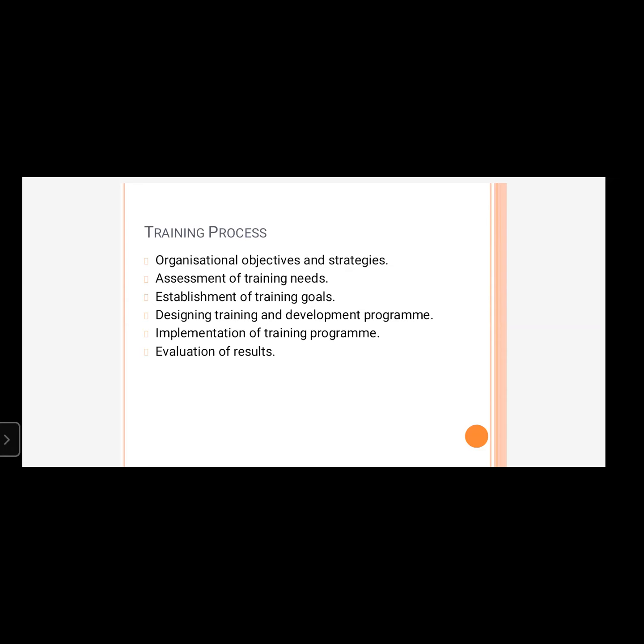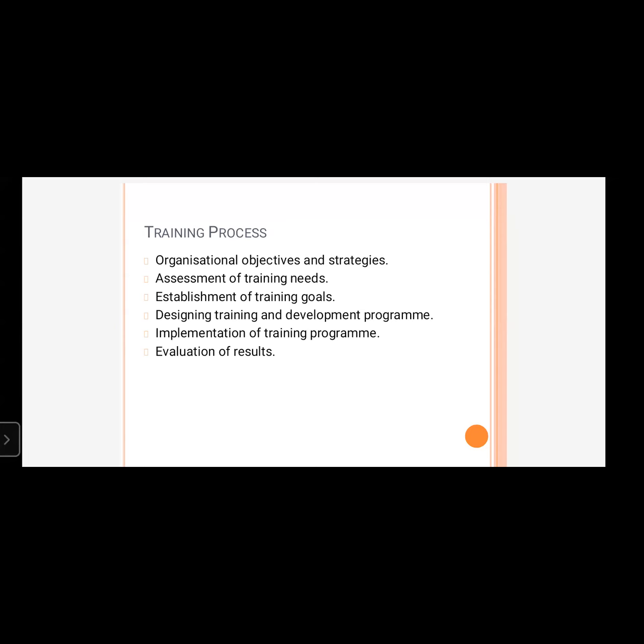If the employees are showing more productivity, less wastage, and better quality of production, that means the goals of the organization for the training programs are met. If they are not showing these results, we can say that the goals set by the organization before the start of the training program are not being met.